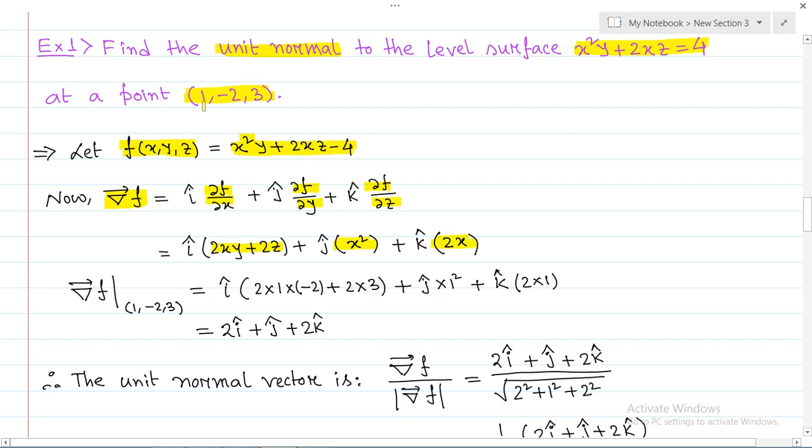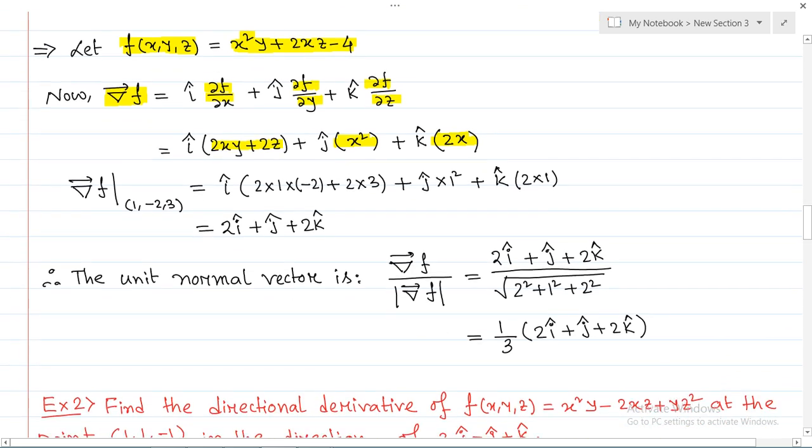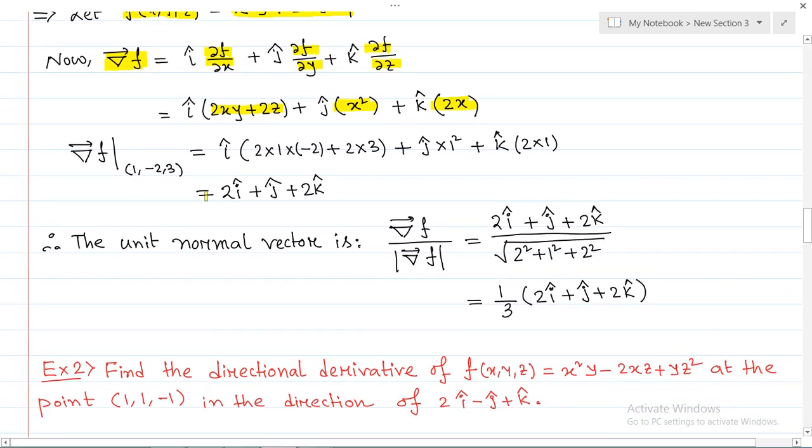Now we have to substitute the particular point (1, -2, 3). After putting the point into grad f, the value comes as 2i cap plus j cap plus 2k cap. Definitely this is not a unit vector, so we have to make it a unit vector. How?